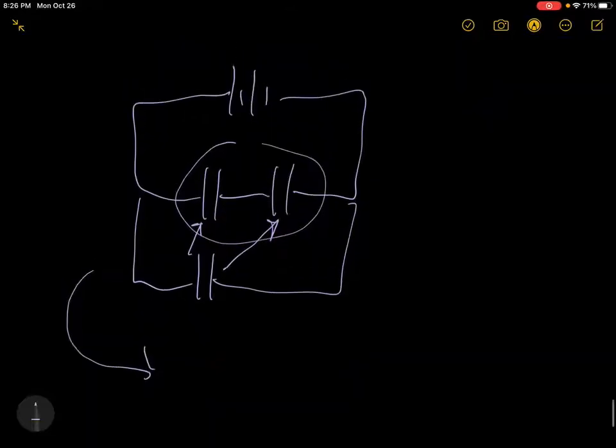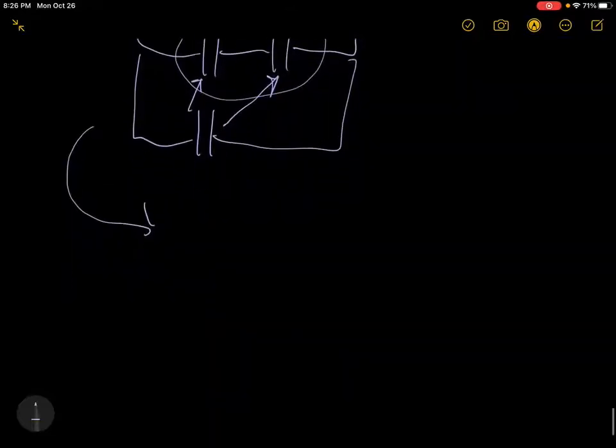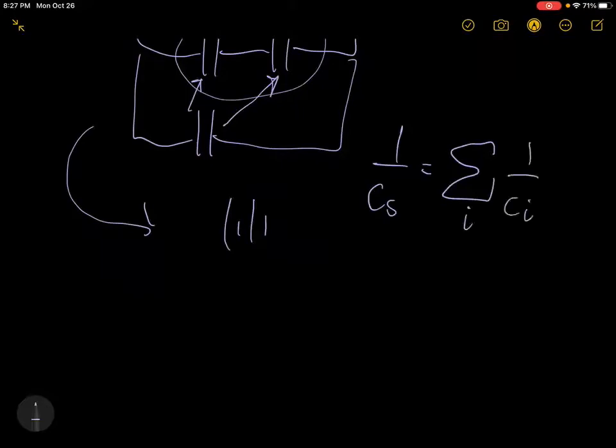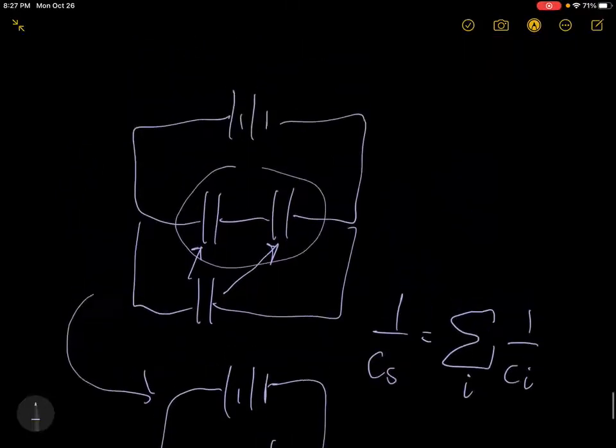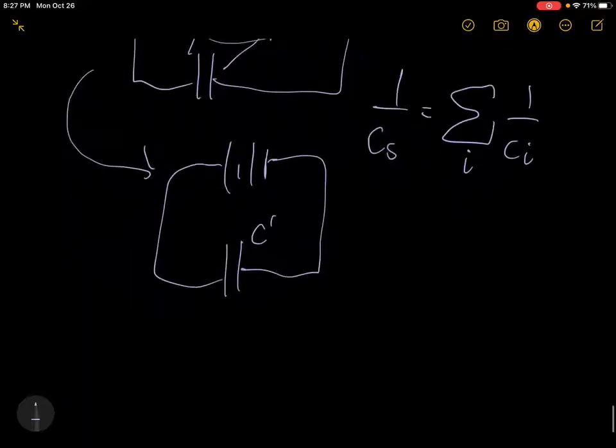First off, you would combine the two in series using that formula I mentioned earlier, which I will rewrite. So you'd combine them into one. We can call it, I don't know, C prime. This would be the combined effect of those two in series.